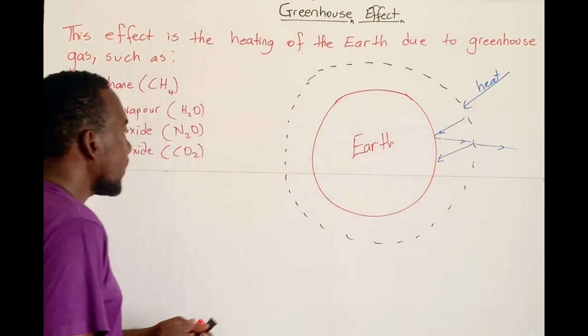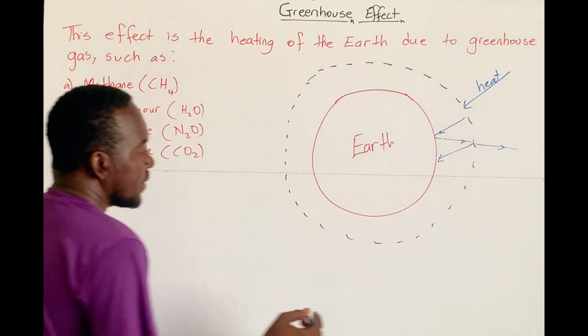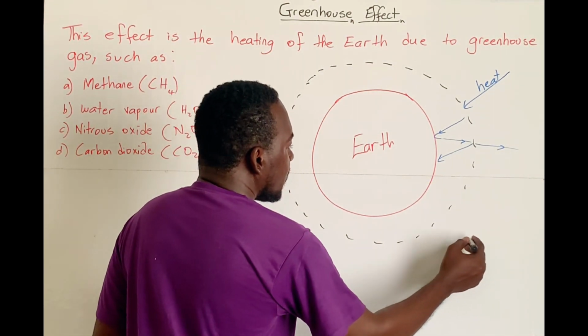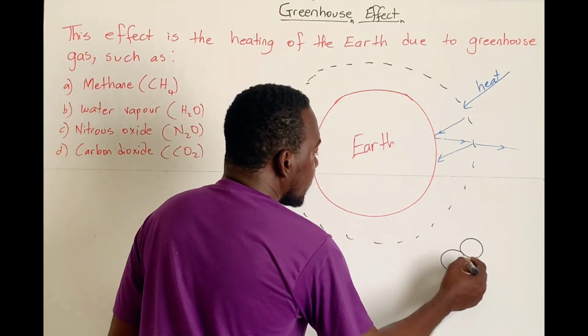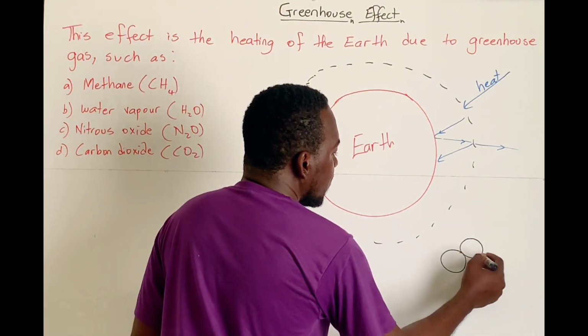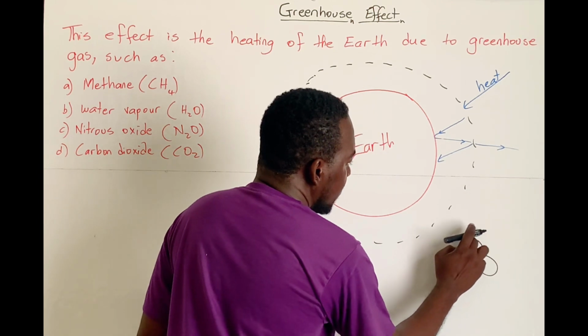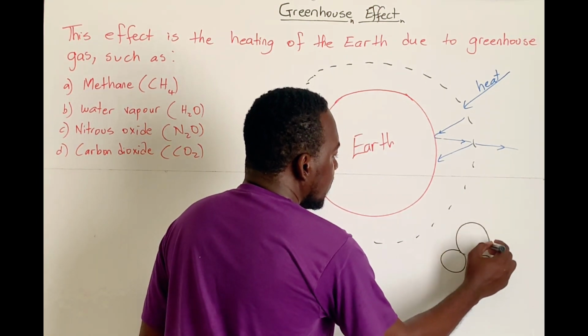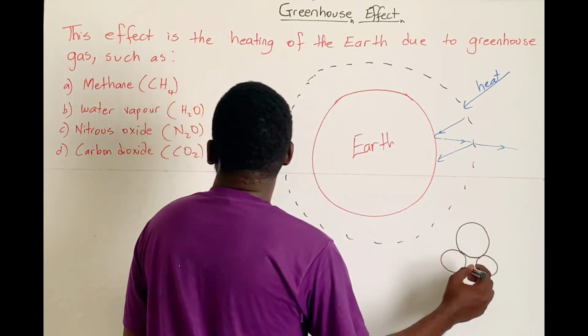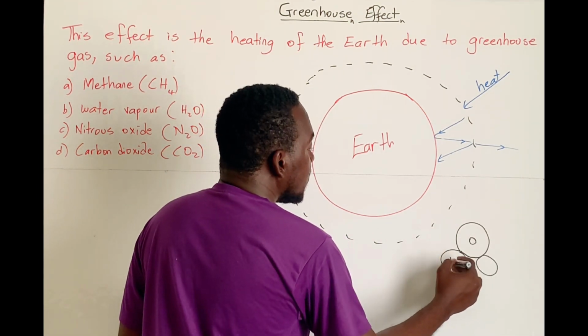So if we isolate and look at a gas, let's say this is water vapor, H2O. Let's make this one big. This is your O, these are your H's.